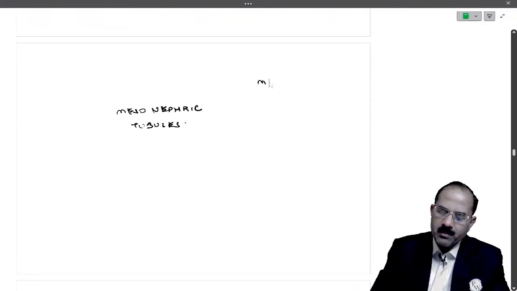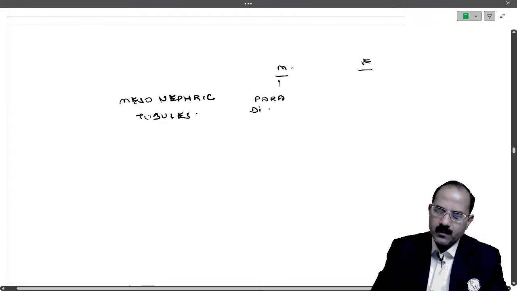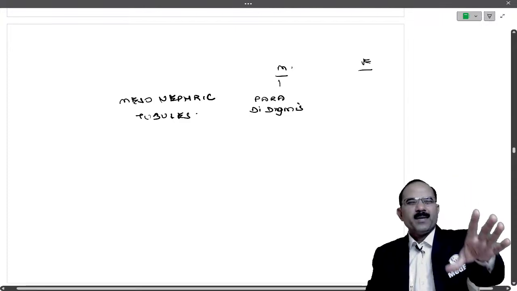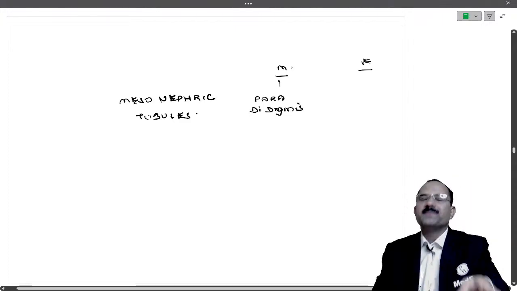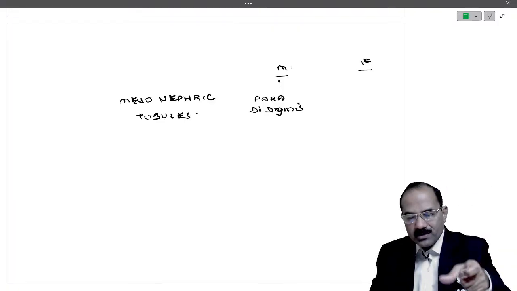What does it form in males and what does it form in females? Mesonephric tubules in males form what is known as the paradidymis. Something similar to the epididymis, but it is not functional. Paradidymis is formed from mesonephric tubules.